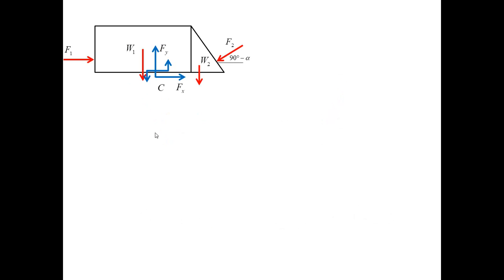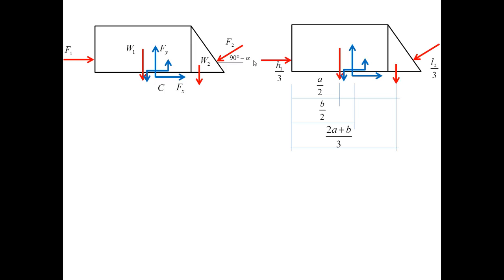Now I can put together the free body diagram with the forces F1, F2, W1, W2. The orientation of the force F2 is given by the angle 90 degrees minus alpha. To write down the moment equation, I need to identify various dimensions that will be used to calculate the arms.